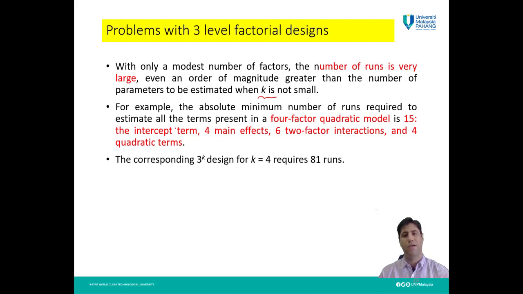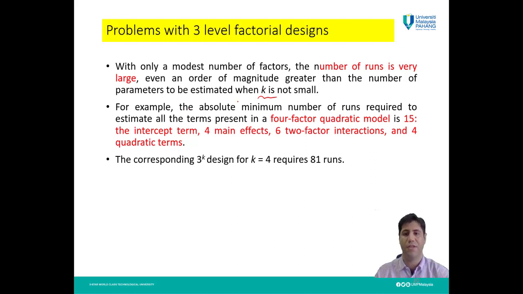So the first problem with this three-level factorial design is we have lots of combinations. We need to run experiments for many of these treatments, as we call them, so the number of experiments will increase tremendously.